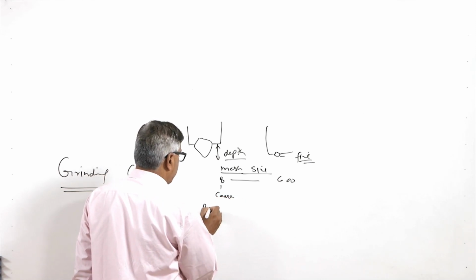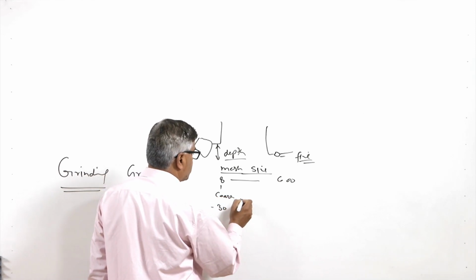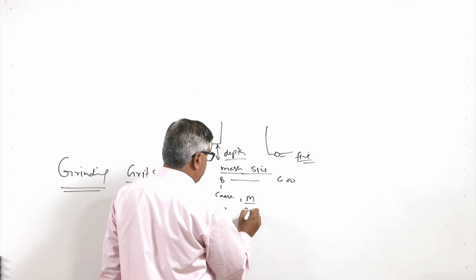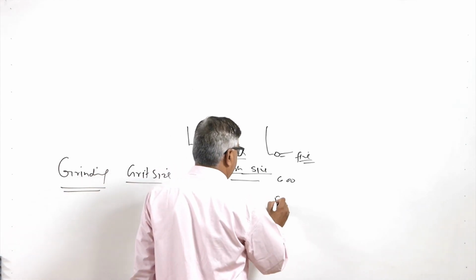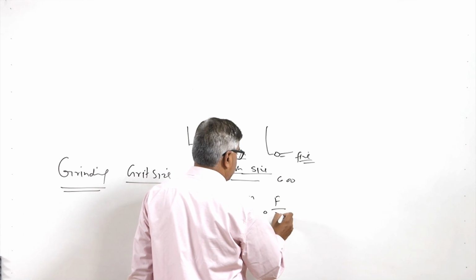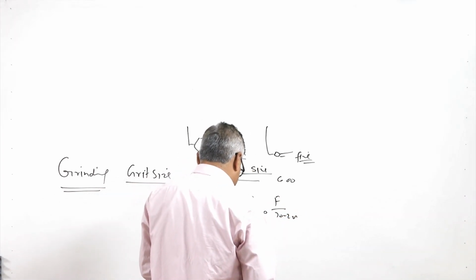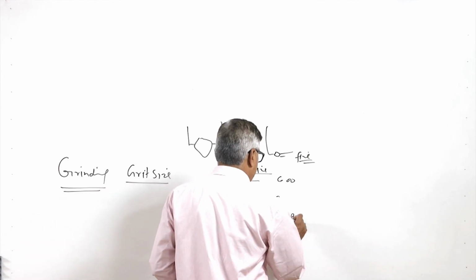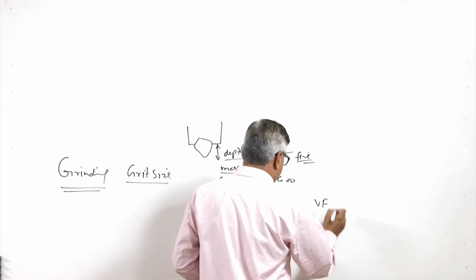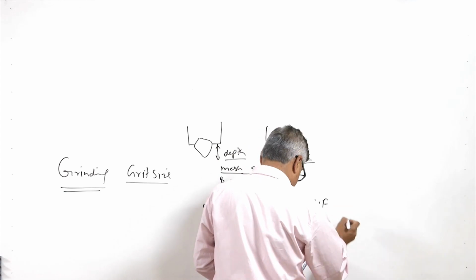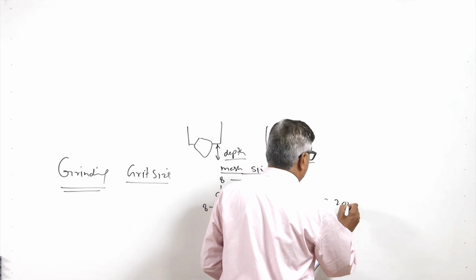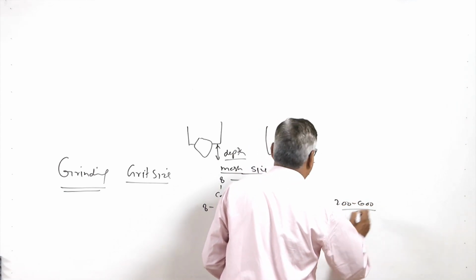So, the range is 8 to 30 for coarse, medium is 30 to 60, fine is like 70 to 180, very fine is from 200 to 600 mesh size.